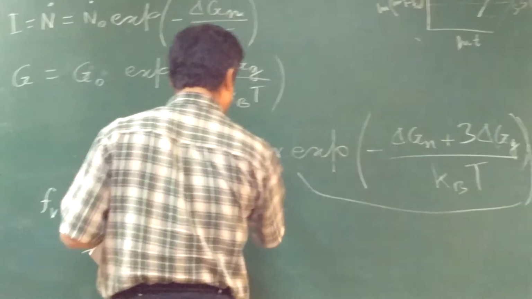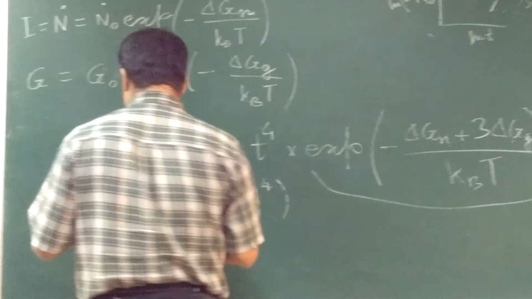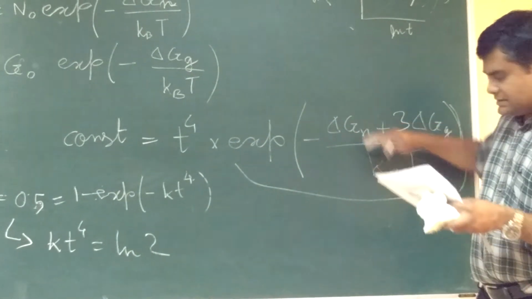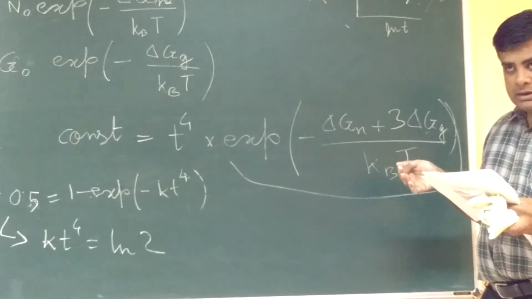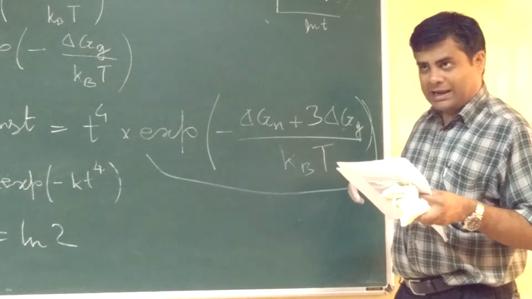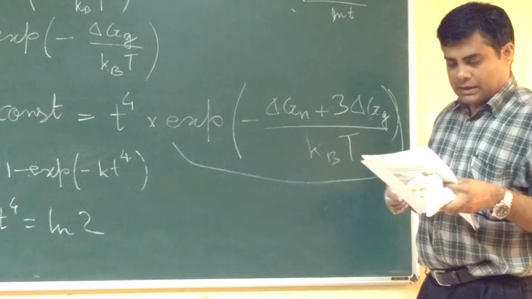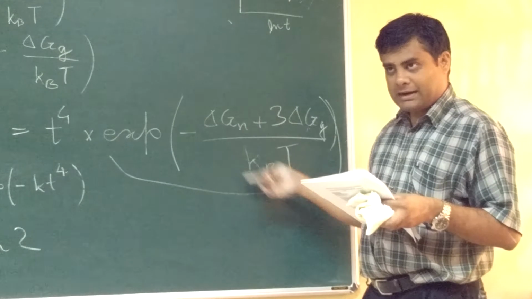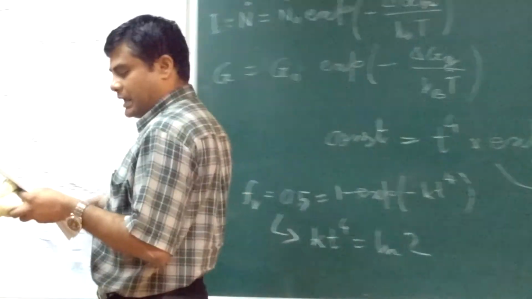So you take ln on both sides, then this divided by this, plus 4 ln t, will be constant. So if you plot ln t versus 1 over temperature, it will give you the activation energy for the process. So ln t versus 1 over temperature should be a straight line.